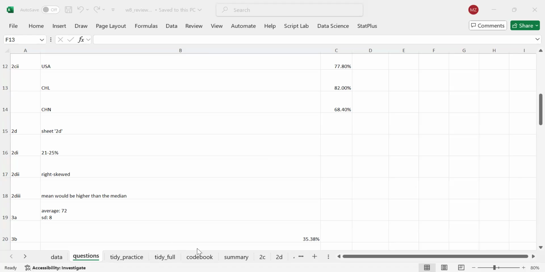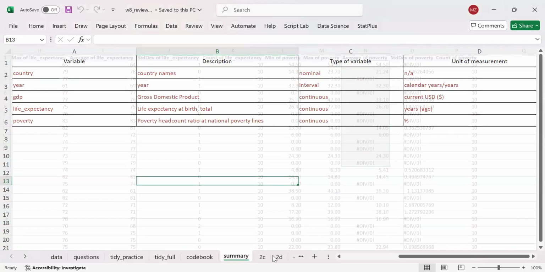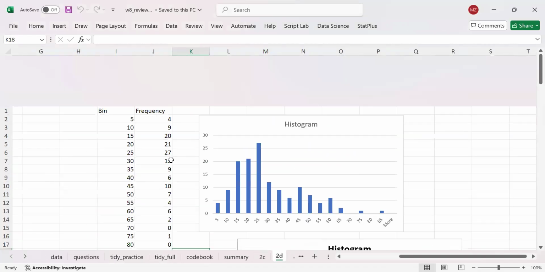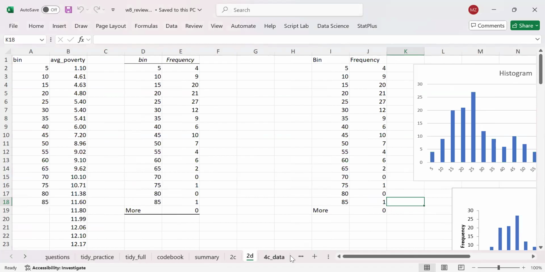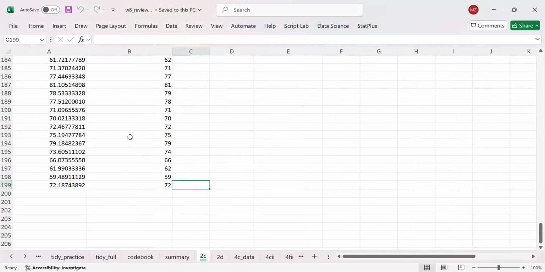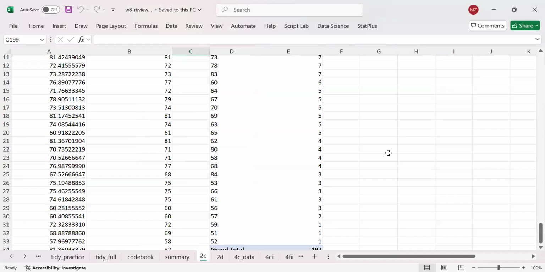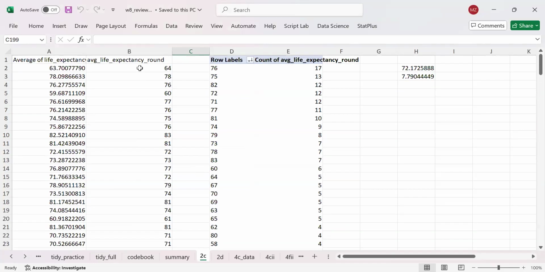So we had this, what was it? The life expectancy, we rounded it up, right? And we want to take the average and standard deviation of this.